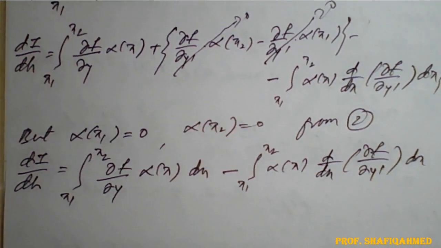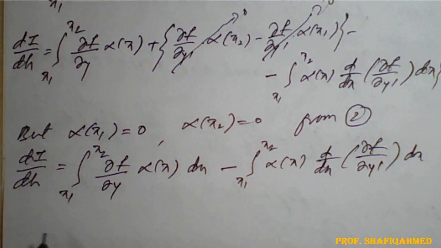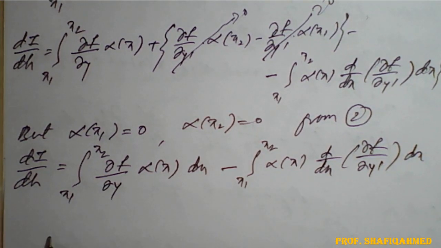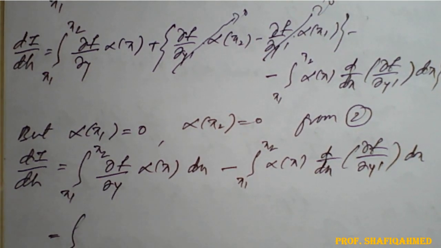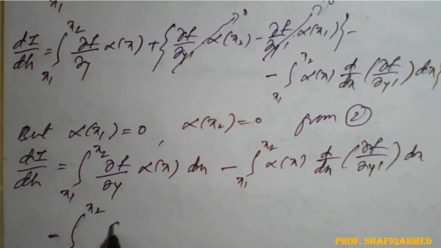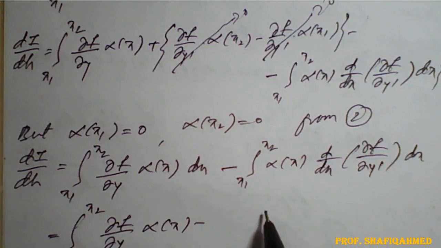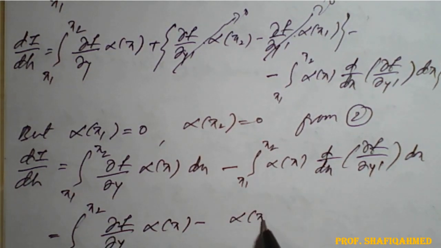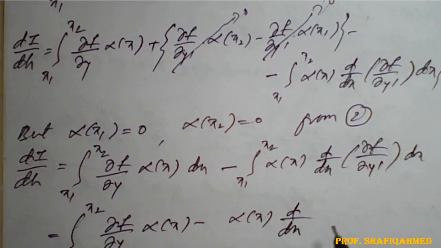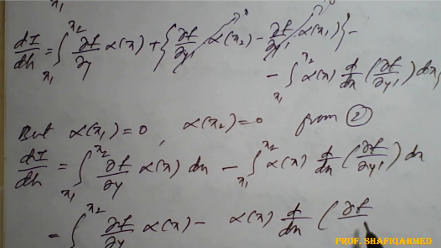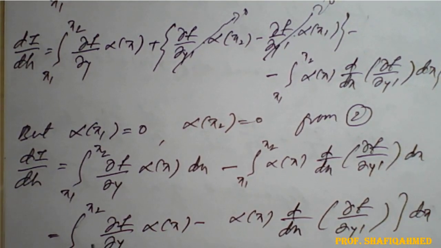So we got two integrals having the same limits with respect to x, therefore we combine the integrals. It becomes x1 to x2 dou f by dou y into alpha x minus alpha x into d by dx of dou f by dou y dash, whole into dx.